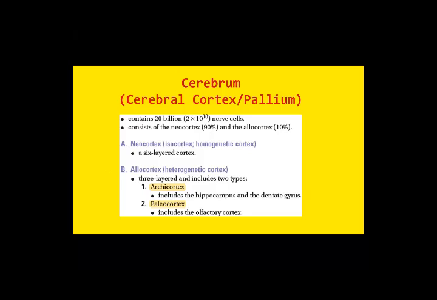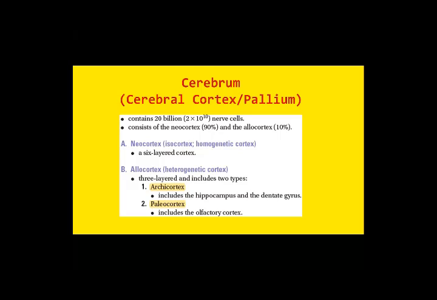As far as the cerebrum is concerned, also known as the cerebral cortex or pallium, it contains billions of neurons, and we can divide the cerebrum into two main segments on the basis of its evolutionary stages.